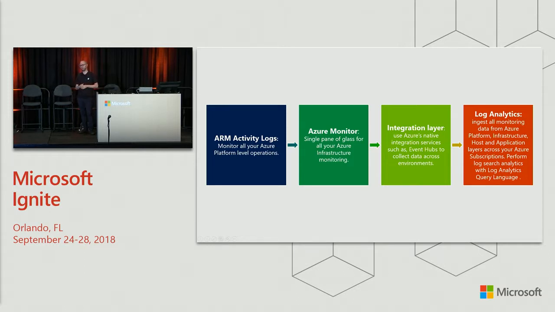But for the Azure native parts, the things that you cannot get from anywhere except directly from Azure, you have the activity logs, you have the Azure Monitor, and you need to get that data out somehow.